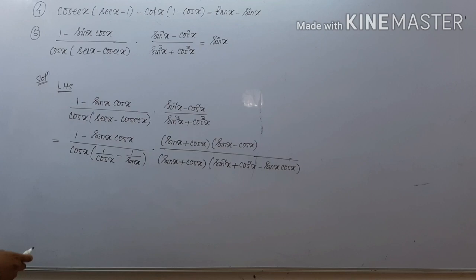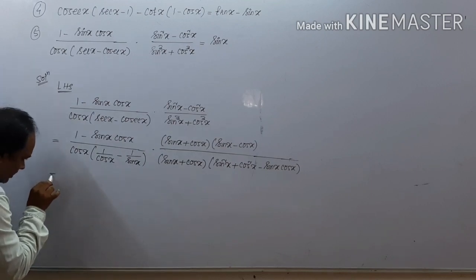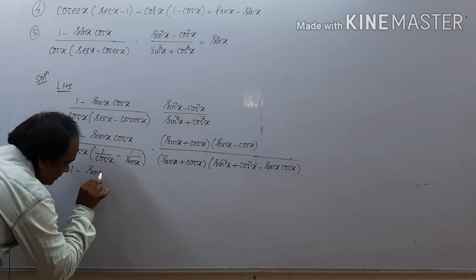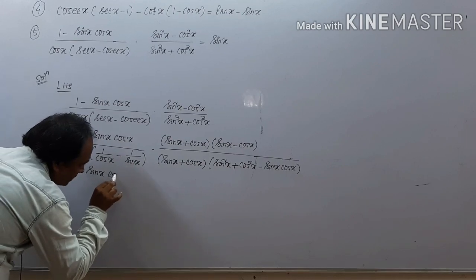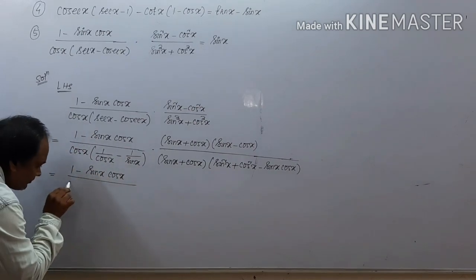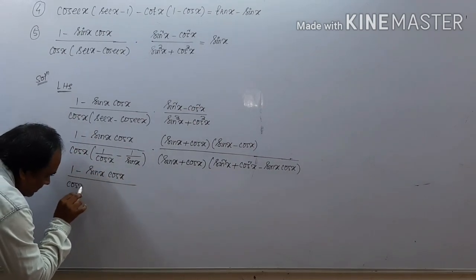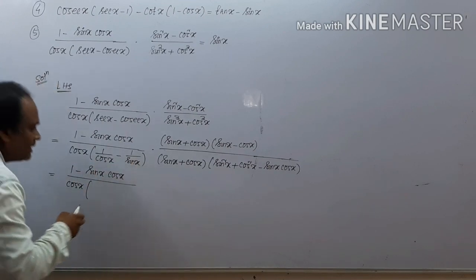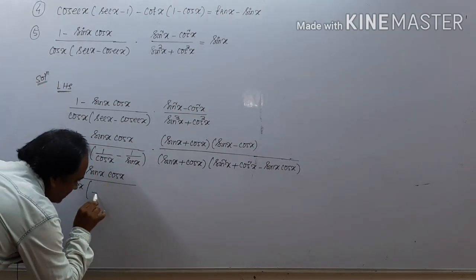So after that what we have to do, this is 1 minus sin x into cos x divided by, here cos x is present, and here what is the LCM? Clearly LCM is sin x into cos x, right?